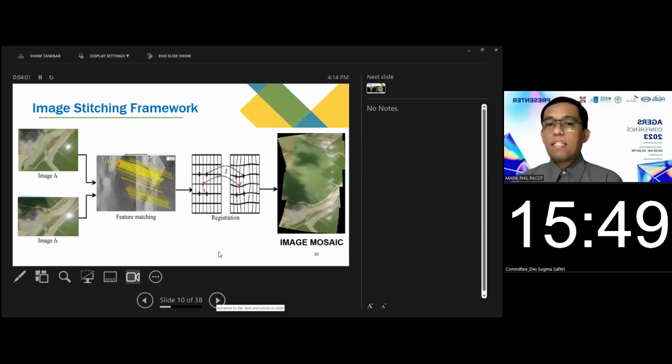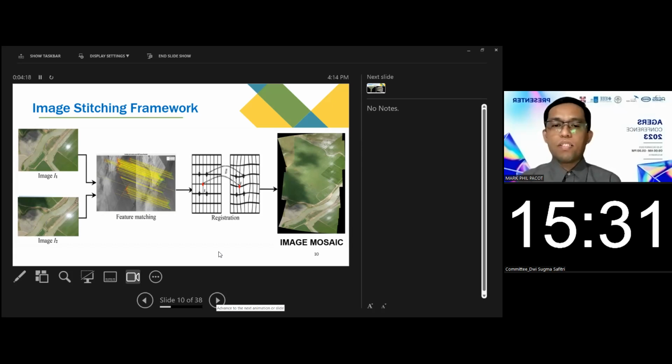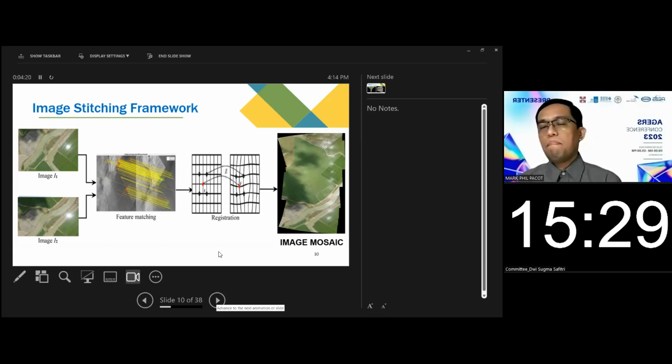Here is the image stitching framework, which is generally used among many researchers. We have here a pair of images. Then we move to the next phase, which is feature matching, where you can use traditional feature detectors and descriptors like SIFT and others, or BRISK.